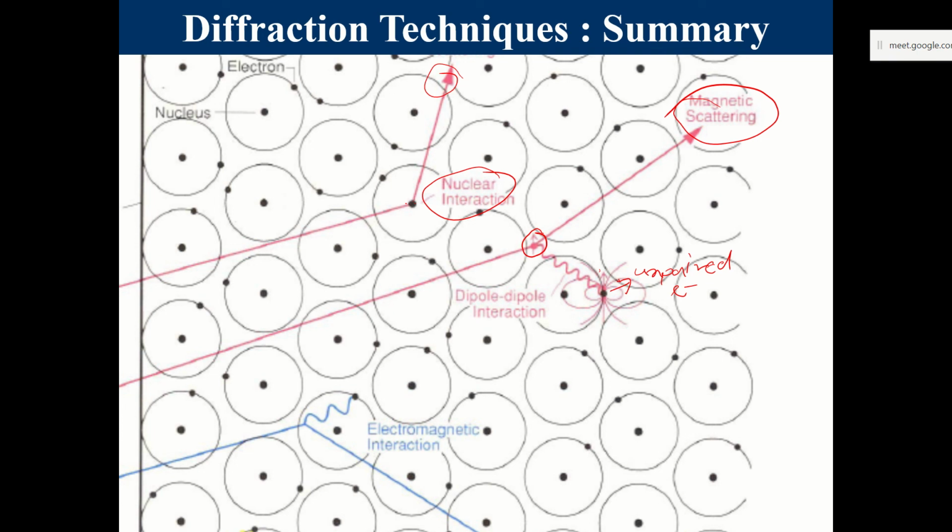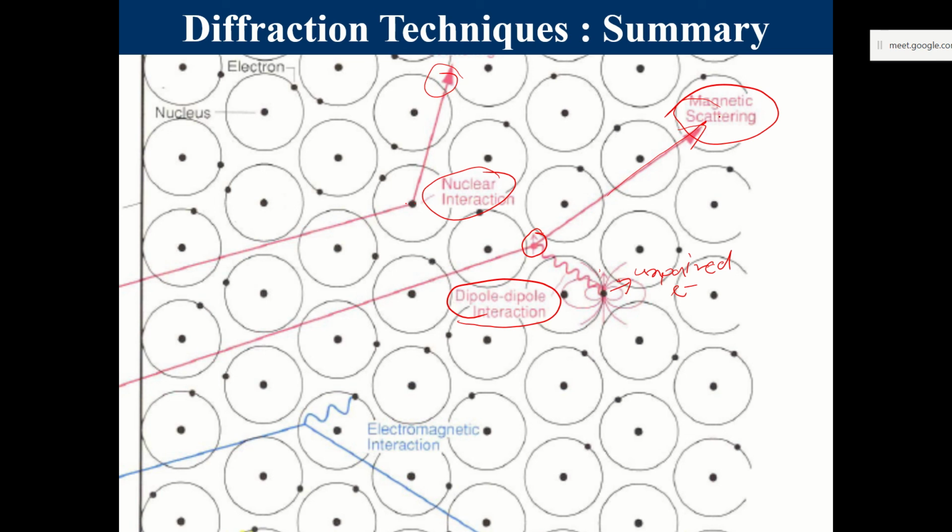Two small magnets are interacting, so it is getting scattered from here. This is an interaction of two magnetic dipoles.